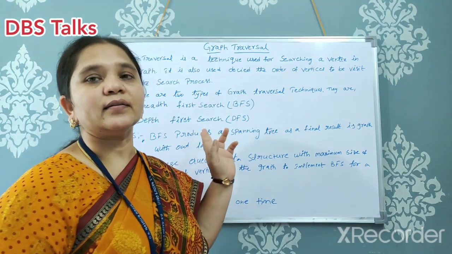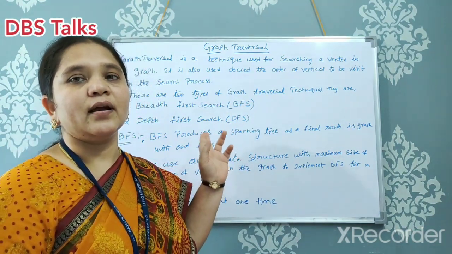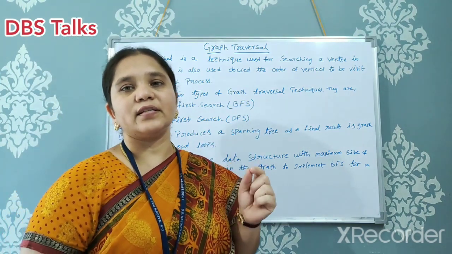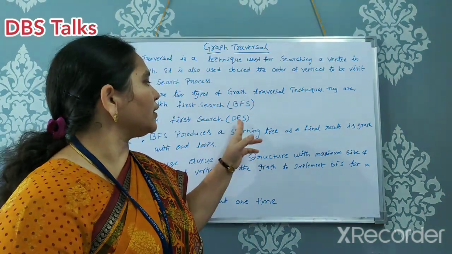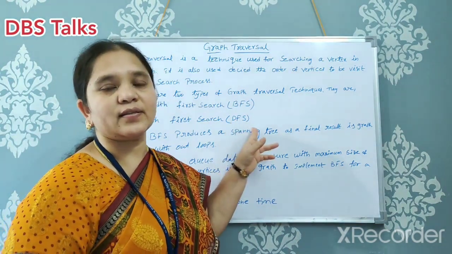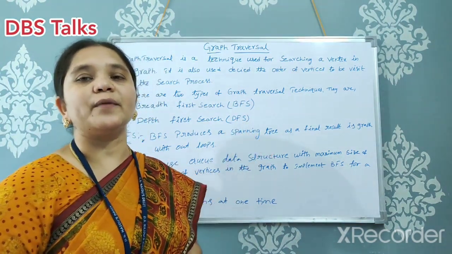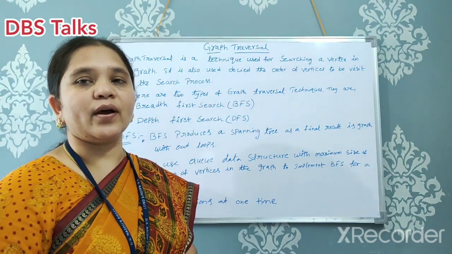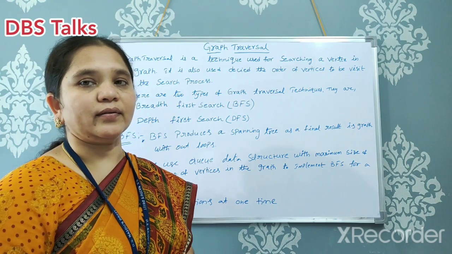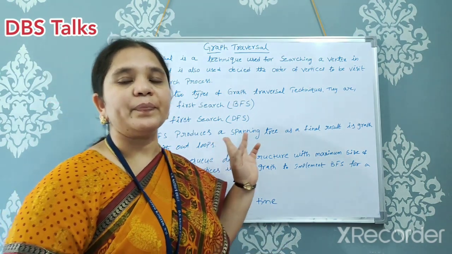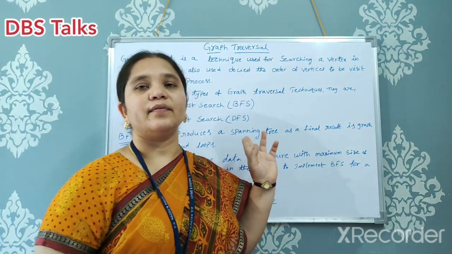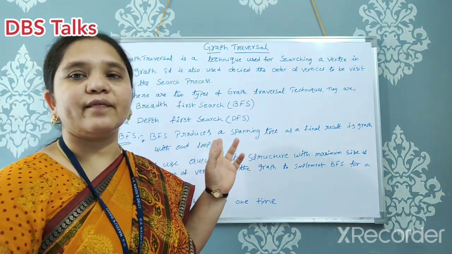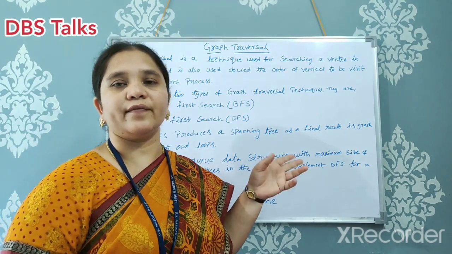The second type is depth first search, in short DFS. These are the two traversing techniques we have in graphs.